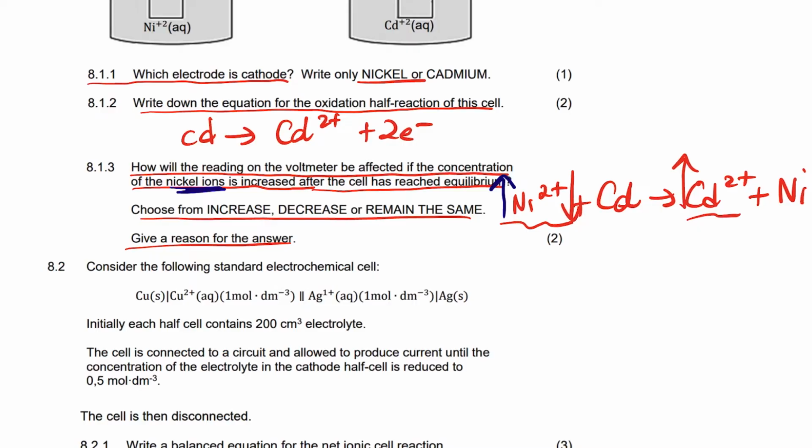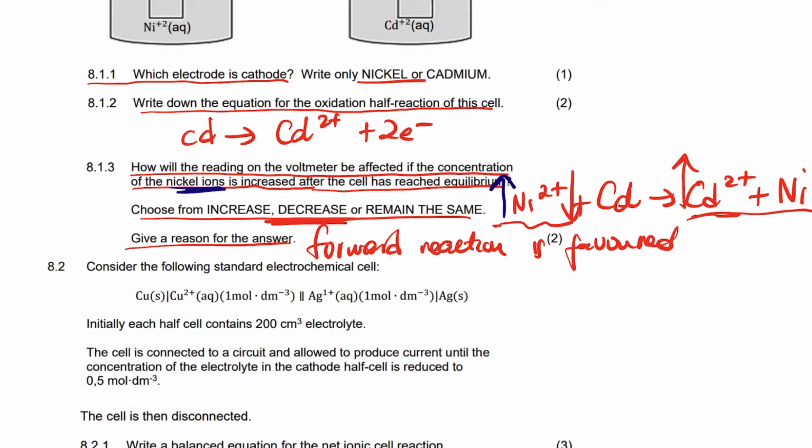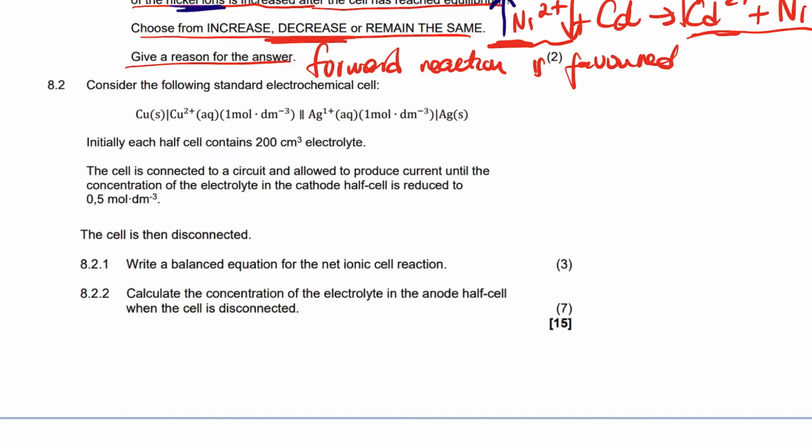So the forward reaction is favored. The concentration of product is going to increase. So the answer here is increase. And then your reason: you say the forward reaction is favored by the increase of nickel ion.